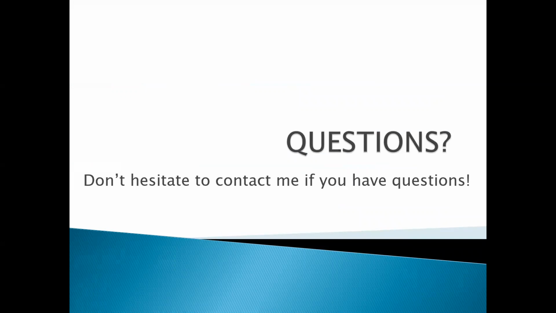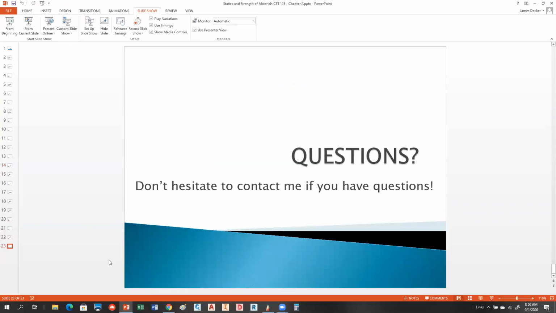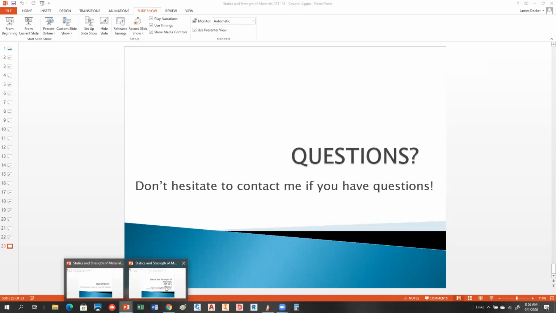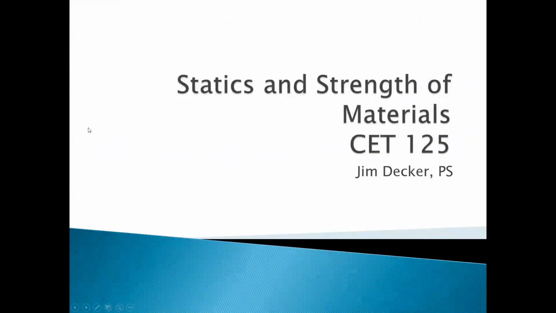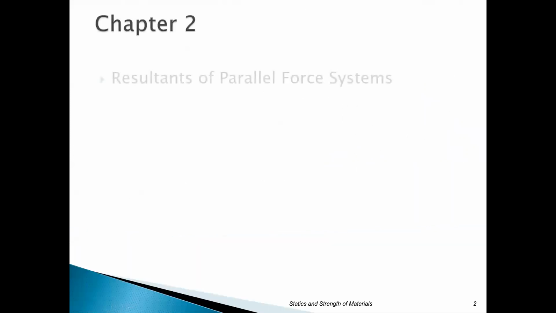So I'm going to go into the next section, where we're going to start to talk about parallel force systems. Okay, so let me go ahead and close this. Okay, so we've talked about concurrent force systems.